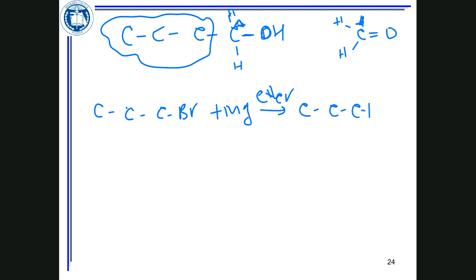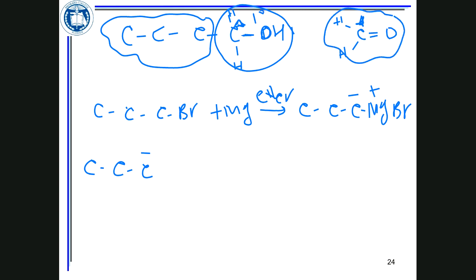You will get MgBr, plus and minus. Now you have made the Grignard reagent. The Grignard reagent is going to attack the C=O double bond. This is a primary alcohol, so you must use formaldehyde.